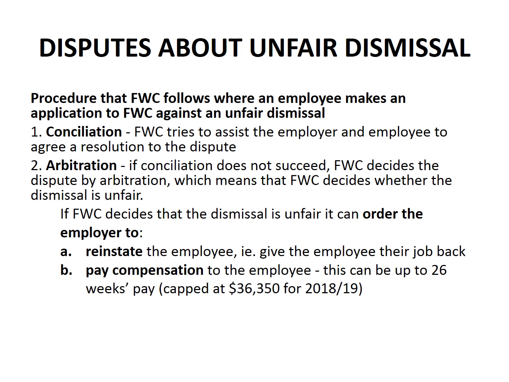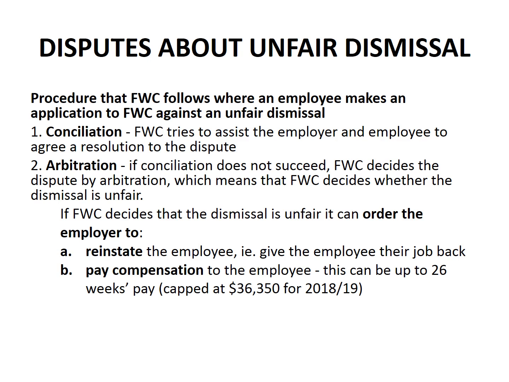If, as a result of arbitration, the Fair Work Commission decides that the dismissal of the employee is unfair, then the Fair Work Commission can order the employer to do one or both of two things. First, the Fair Work Commission can order the employer to reinstate the employee, that is, to give the employee their job back. Second, the Fair Work Commission can order the employer to pay compensation to the employee.